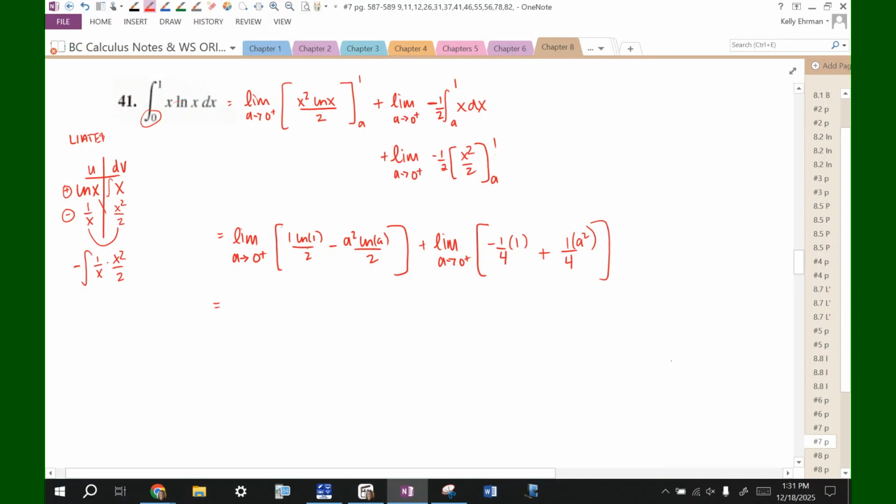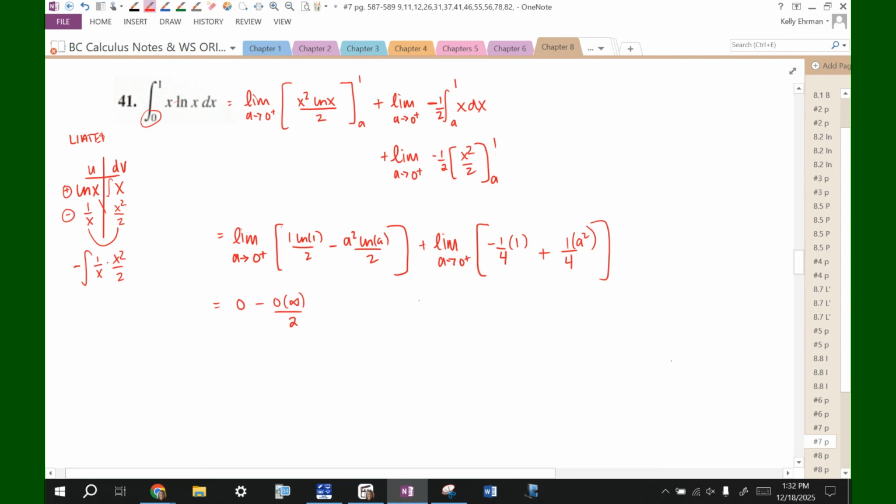A is 0, so ln 1 is 0 minus 0 times, oh, did I do something wrong there? Oh, no, I didn't. Okay, 0 times infinity is an indeterminate form, so I'll need L'Hopital's on that to work on it.